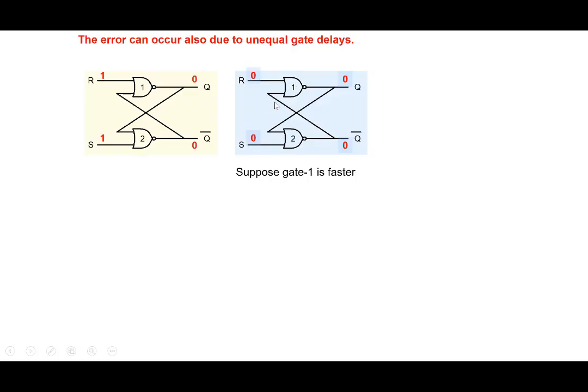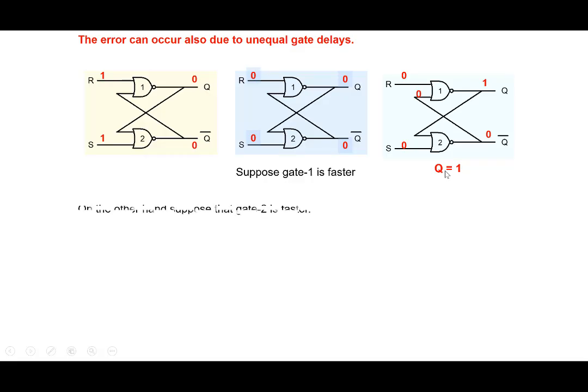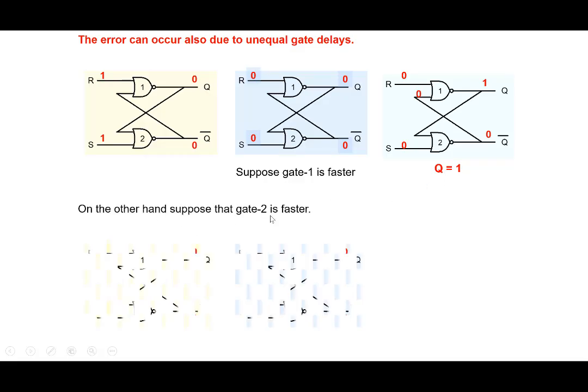So this 0 goes here, this 0 goes here, and this gate is faster, so it reacts and immediately goes to 1. 0 0 will make it 1, and this 1 will then keep this particular output as 0. So because gate 1 is faster, the latch goes into a set state, Q equal to 1.